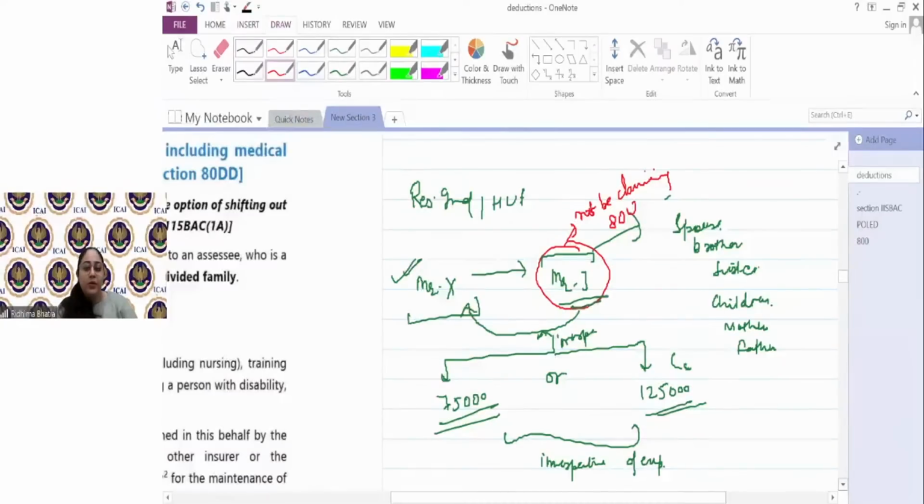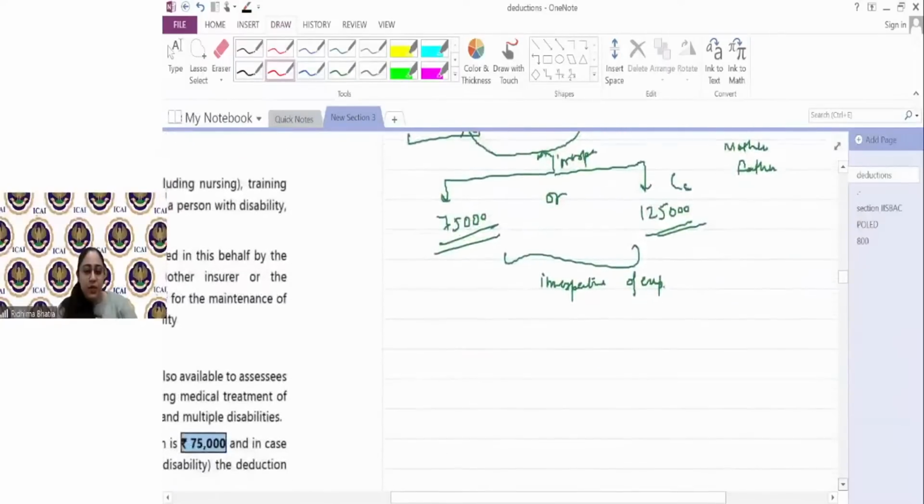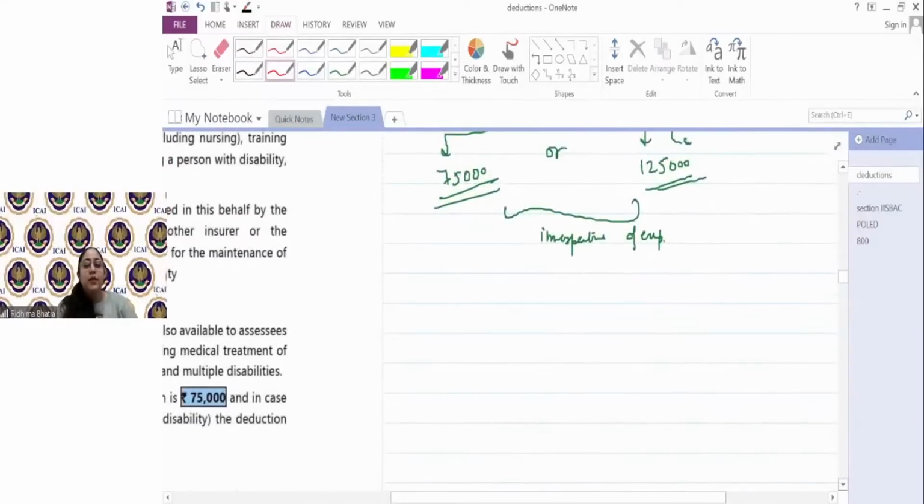But here one concept was introduced from assessment year 23-24: you get their insurance done so that some annuity can come to the dependent disabled.